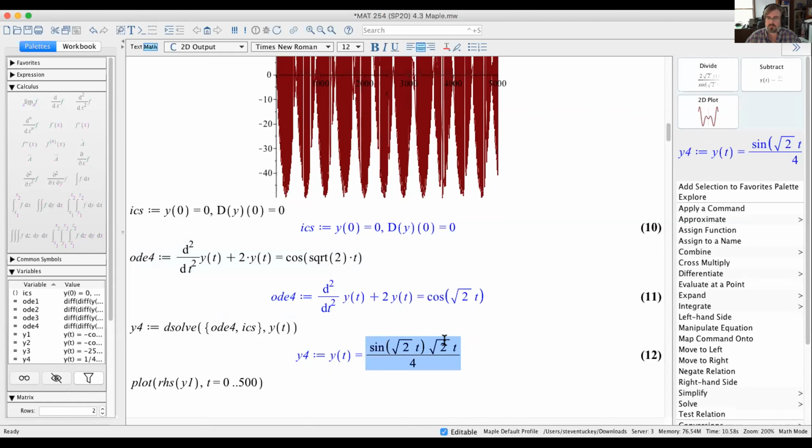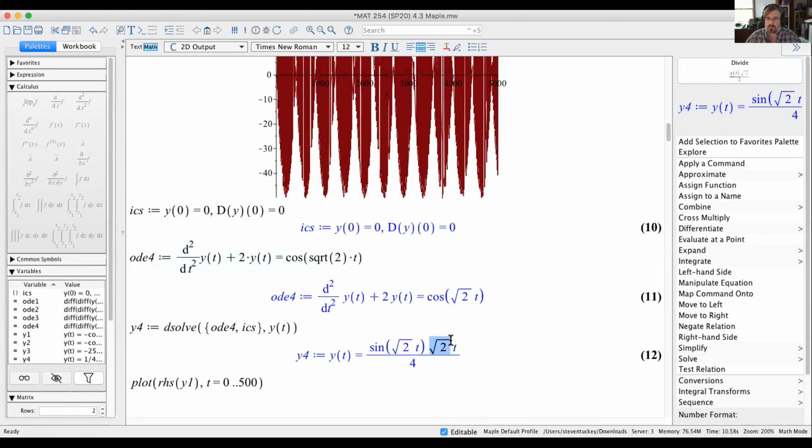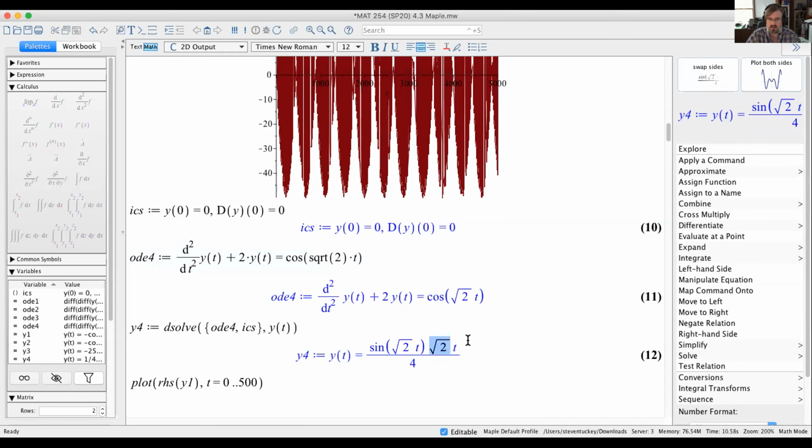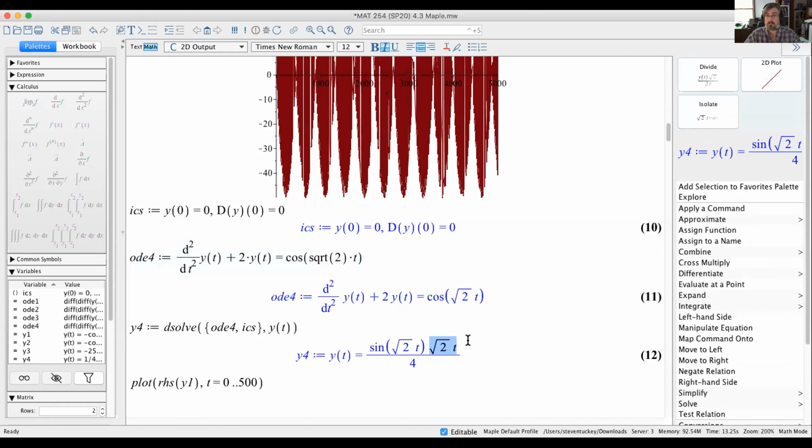As t gets bigger and bigger, this second part of the equation, this part right here, is going to get bigger and bigger. So you're taking your sine curve, that wobble, wobble, wobble, and you're multiplying it by something that gets bigger and bigger, and it never gets smaller. It never comes down the other side.